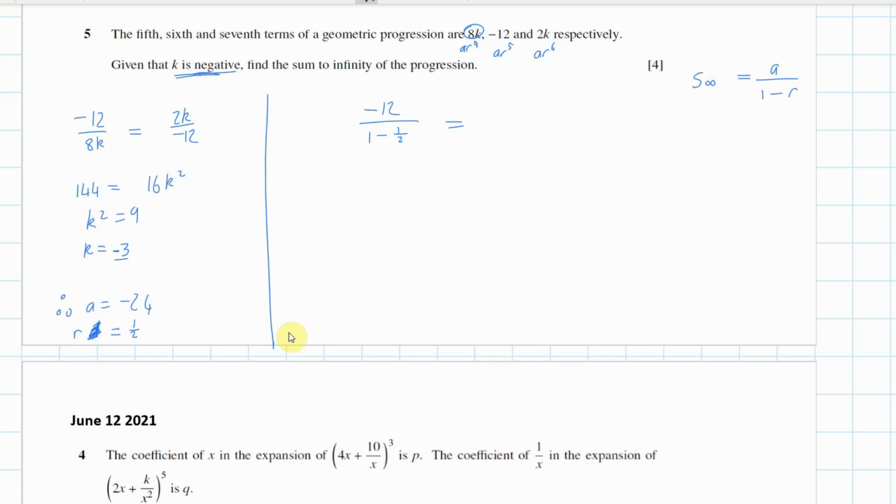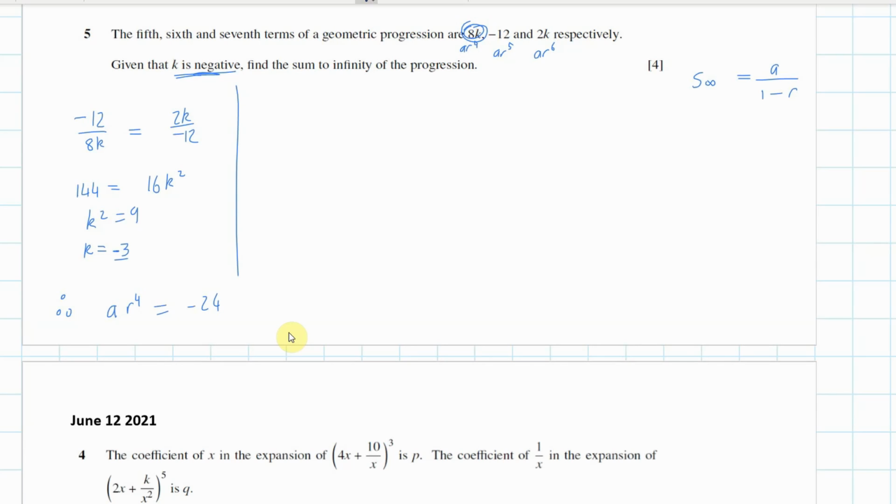Hang on a second. That's not A, is it? I've just realized something. Wakey, wakey. It's not A. This is the fifth term. So A R to the 4 equals negative 24.